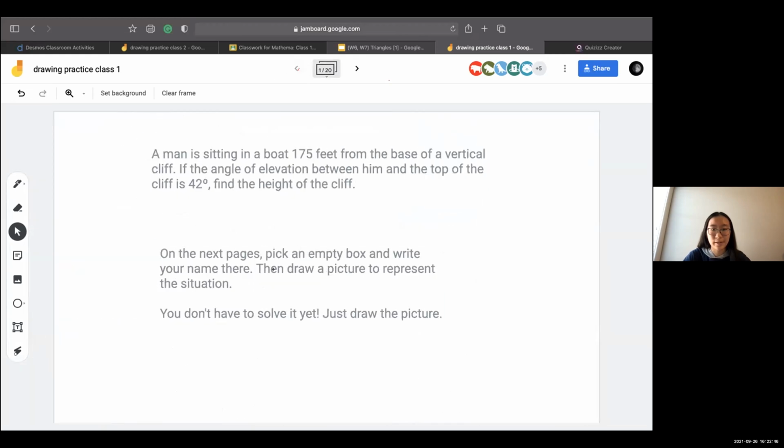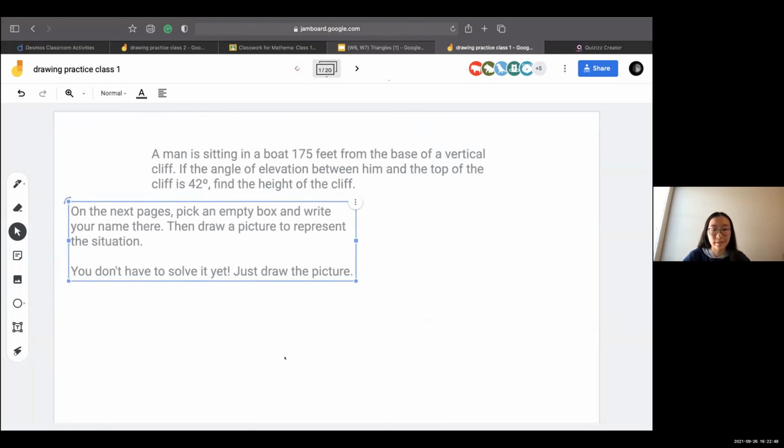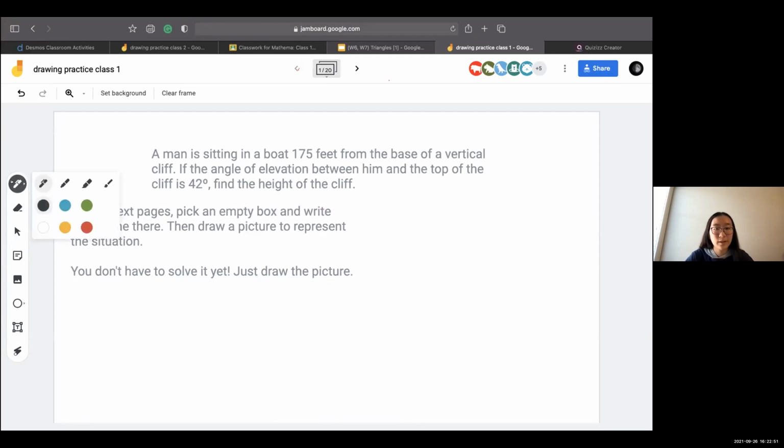So I'm going to go ahead and demonstrate drawing this. Okay, so the man is sitting in a boat 175 feet from the base of the vertical cliff. So let's draw the vertical cliff like this. And then he's 175 feet away from the vertical cliff. So that's this length right here.